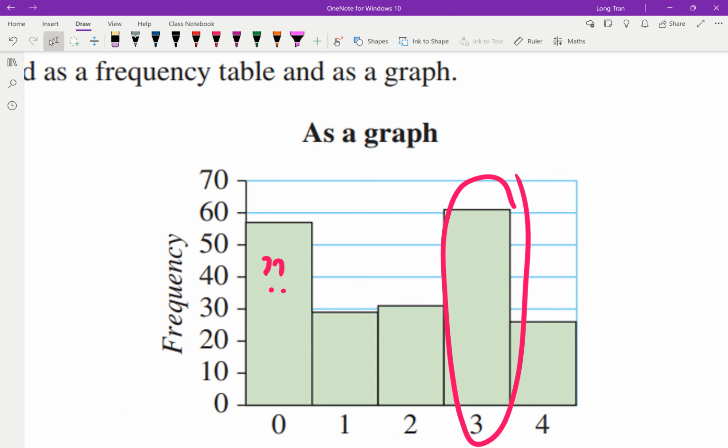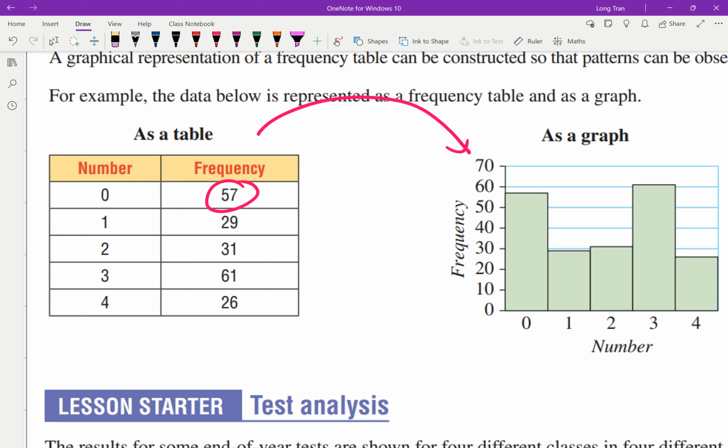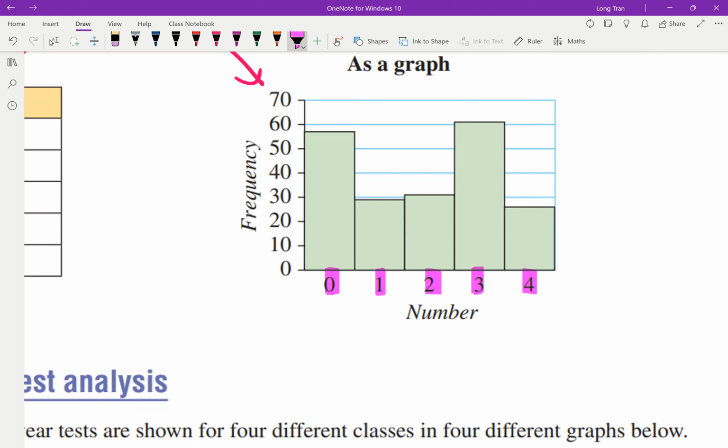So your job today is then to work on how do I transfer a frequency table into a graph. Well, everything is almost exactly the same as what you've done with bar graphs in the past. The only difference is, have you noticed down here that your data is centered? Can you see that?